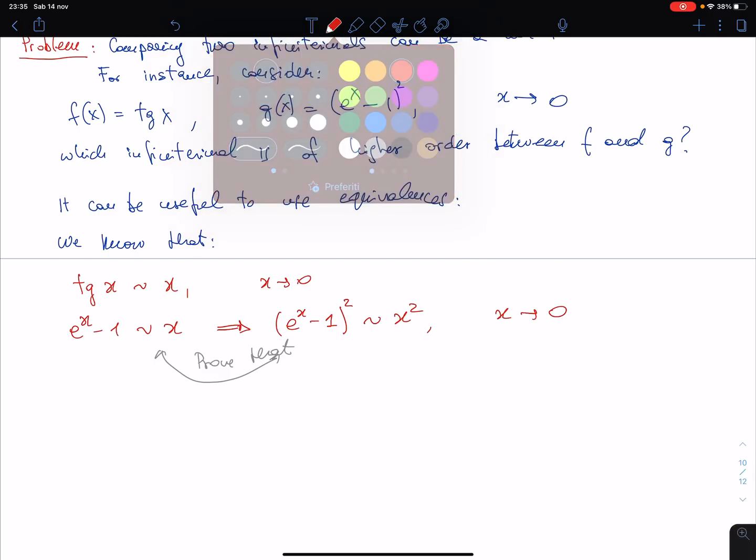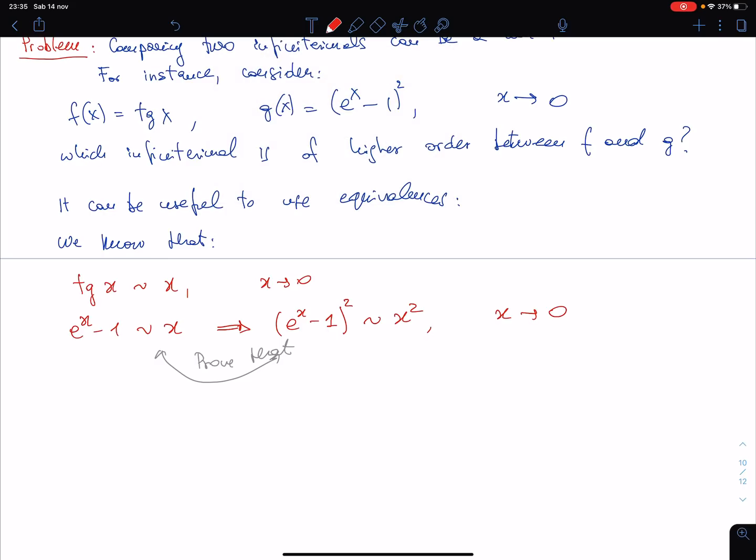Let me consider this limit: (e to the x minus 1) squared divided by tangent of x.